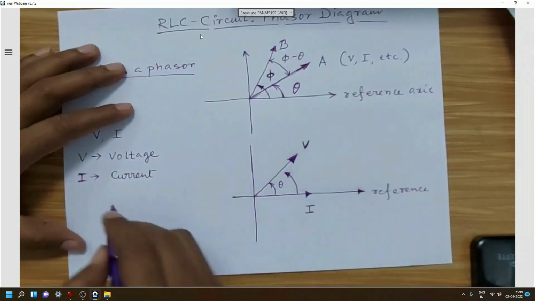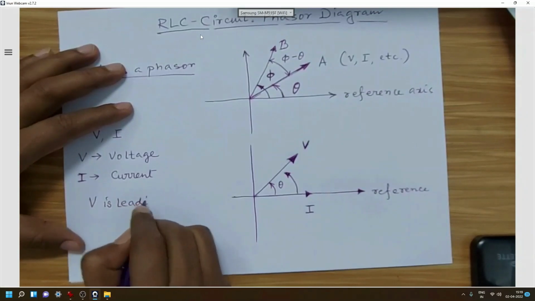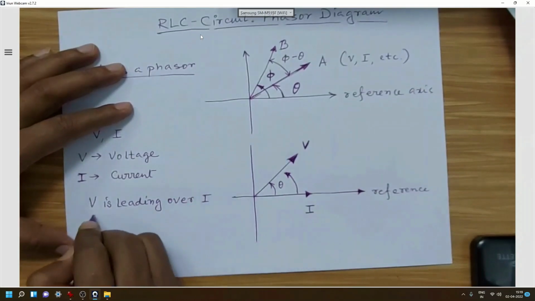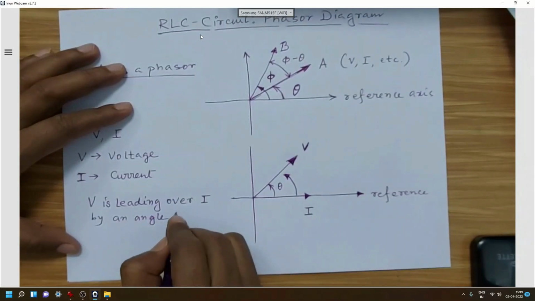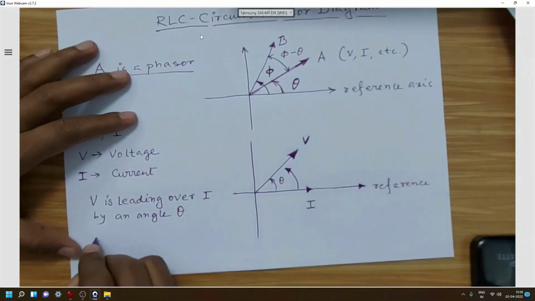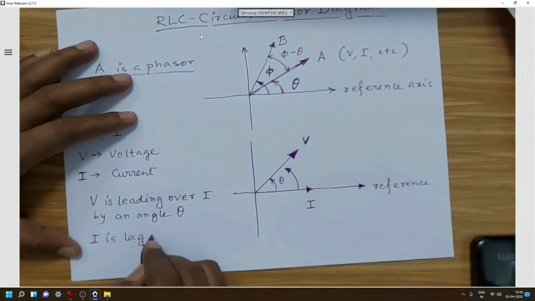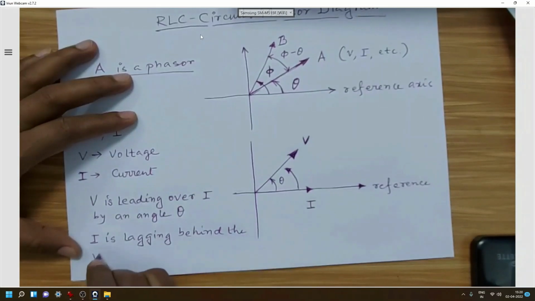V is leading over I by a phase angle theta, or in other words we can tell I is lagging behind V by an angle theta.